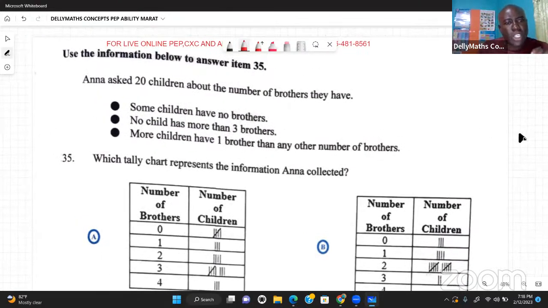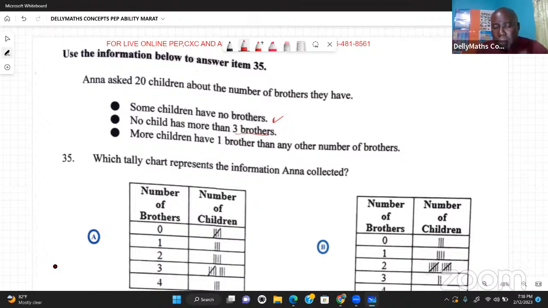All right, let's go. Now, let us take the clues here. Some children have no brothers. So for some of them, we're looking for 0 brothers. No child has more than 3. So anybody you see with more than 3 brothers, then it's incorrect.